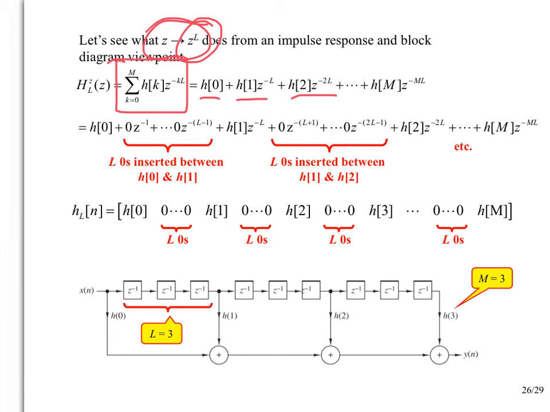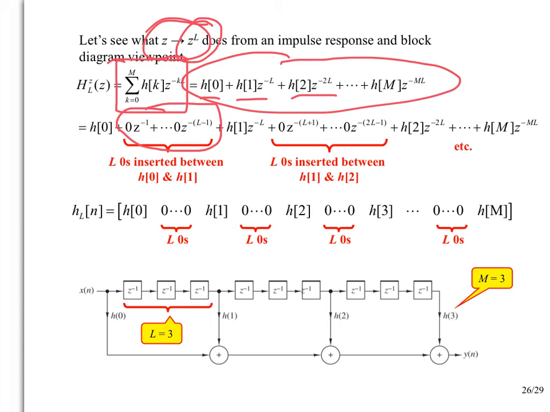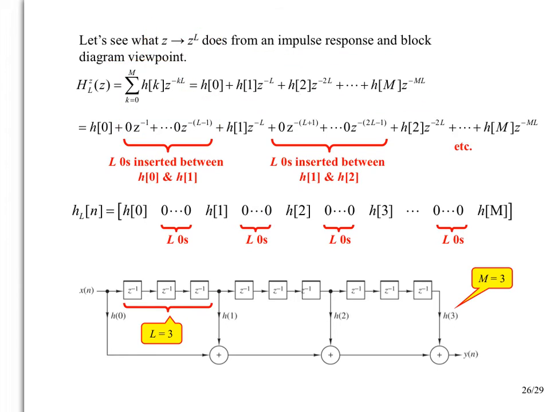We really have a z transform, but we're missing the z to the minus 1, z to the minus 2, z to the minus 3, and so on, assuming L is a fairly sizable integer. We're missing all those terms. So if we stick them in, here they are. We've now inserted those into the function. So we insert a bunch of zeros here, we insert a bunch of zeros there.